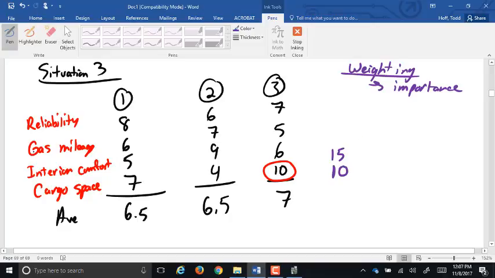Okay, let's look at the remaining 2, reliability and gas mileage. Which one is the most important to you? Reliability. Where would you put that? Like 3 times more important than cargo space? 4 times, 30, a 40? Don't be shy.